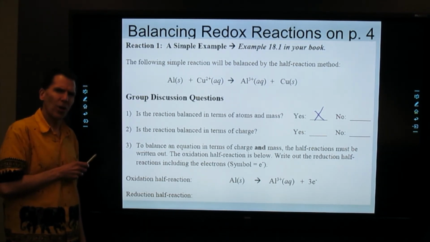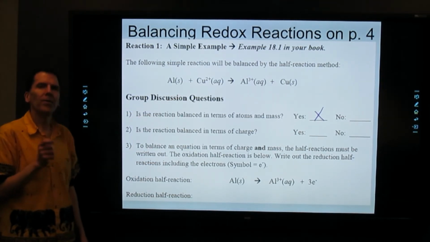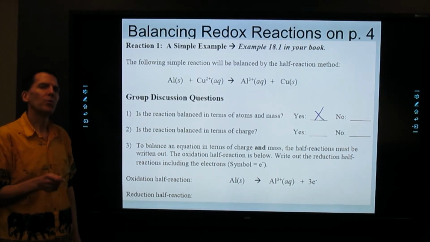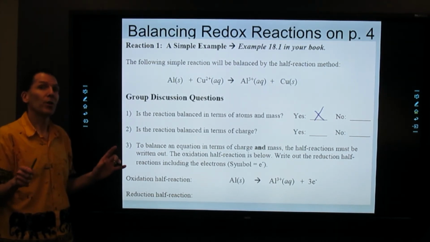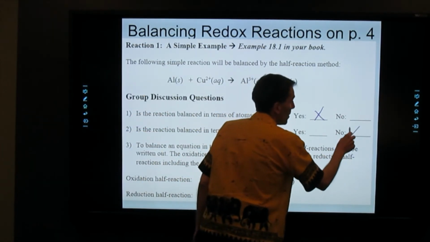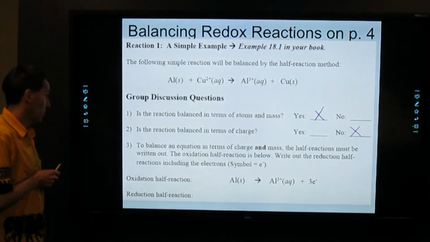But if we look at the charge, the left side is a +2, the right side is a +3. And so it's not balanced in terms of charge. The total charge on each side must be the same. And so we're going to have to do a little bit of modifying to balance this.